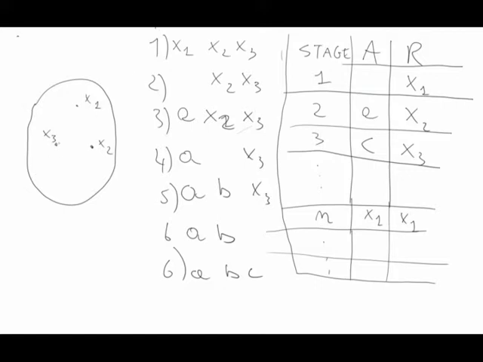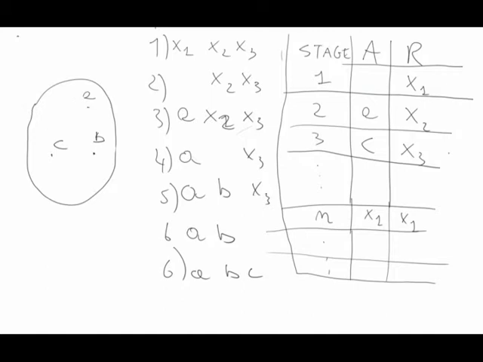So we have x1, x2, x3, then remover removes x1 in this case, then adder adds 1, remover removes, adder adds b, remover removes, and finally adder adds c, and so on.